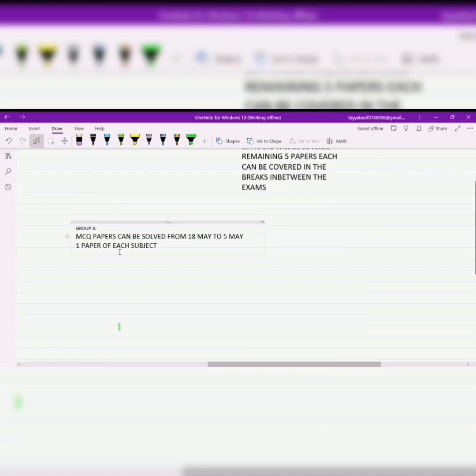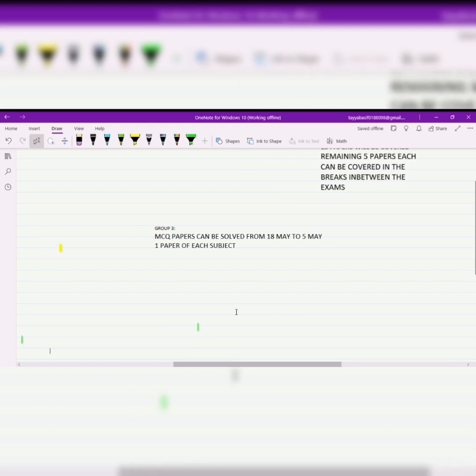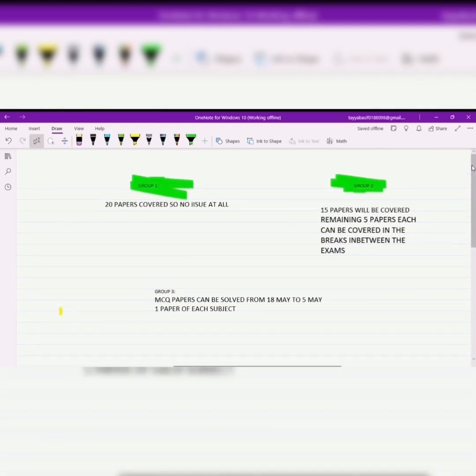From 20th April onward, like 21st, 22nd, 23rd, 24th, and 25th April, you will have enough time to solve these papers. So from 21st April to 25th April, solve these past papers on a daily basis.